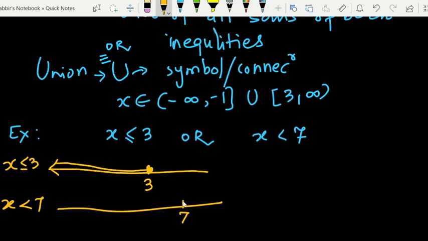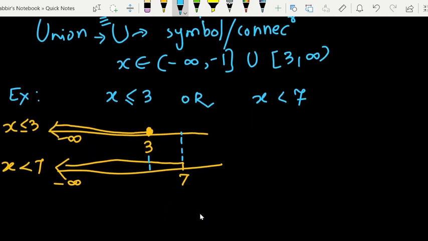Again x is less than 7, so all the values lesser than 7 we will take. So minus infinity to 3 in the first case, 3 was included. Minus infinity to 7, 7 is not included. Again the concept is the same, we will draw perpendiculars from the points where the inequality is starting. So at 7 and 3, I draw perpendiculars.